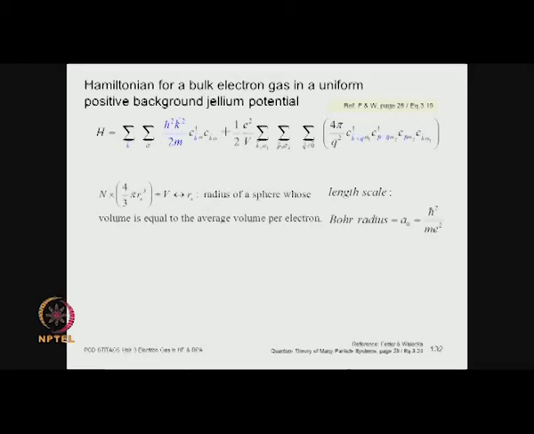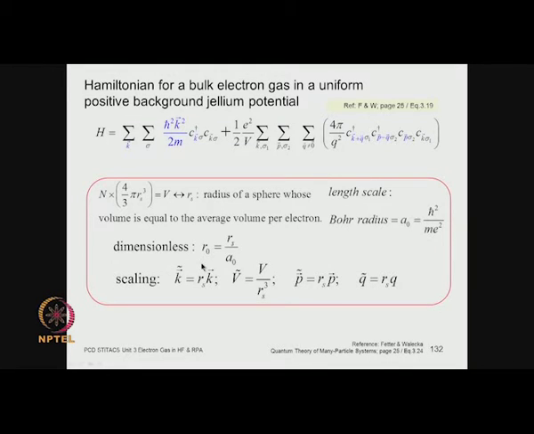Let me show you how. So, we use new variables. We do some scaling through the Bohr radius. So, the length scale is now Rs divided by a0. This becomes a dimensionless length parameter. And likewise, we scale the momentum volume.